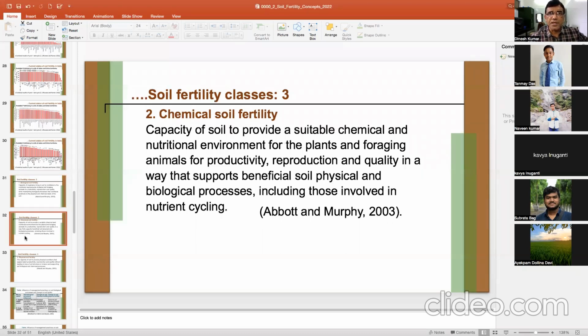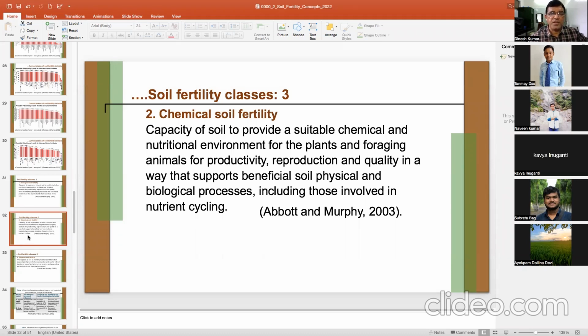Similarly, there are certain chemical properties that help in the availability and supply of the nutrients. So the capacity of soil to provide a suitable chemical and nutritional environment for the plants and foraging animals for productivity, reproduction, and quality in a way that supports beneficial soil physical and biological processes, including those involving nutrient cycling.